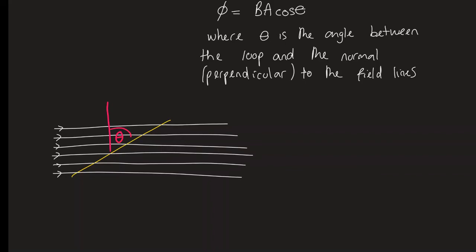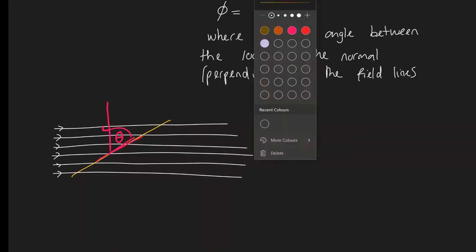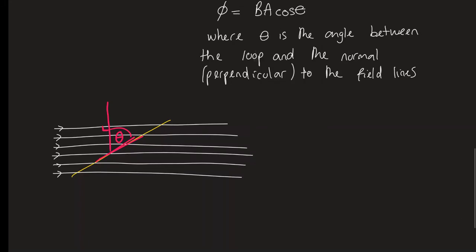So we're talking about the line that's perpendicular to the field lines and the line of the loop itself. That's where this angle is trapped. That's what it's formed by. So it's between these green lines here. That's what's stated just there. Okay, that's how we calculate the flux through a loop that is rotated to some angle.